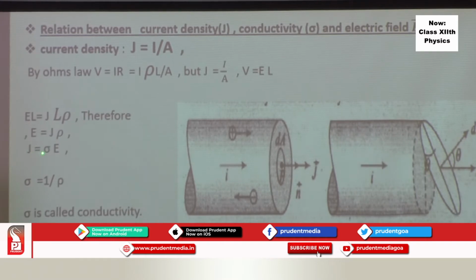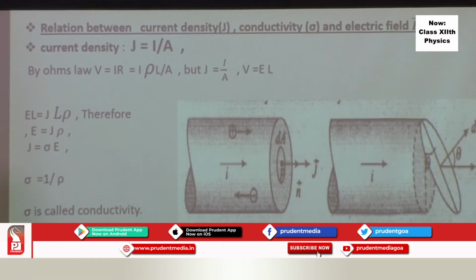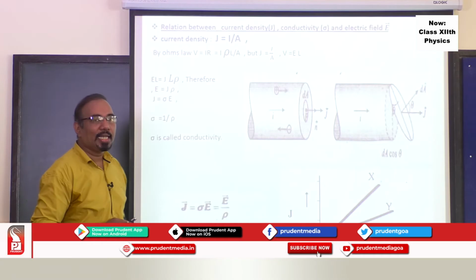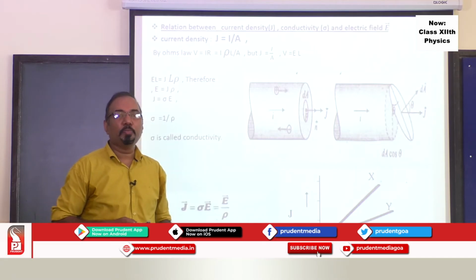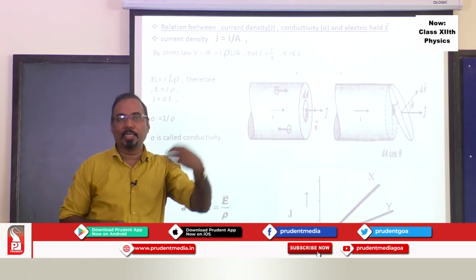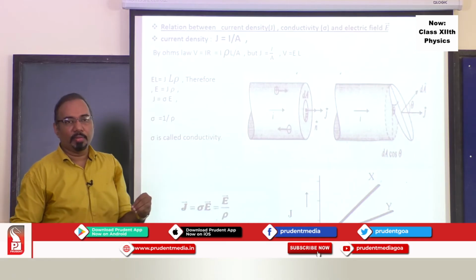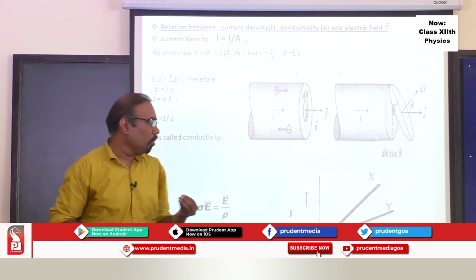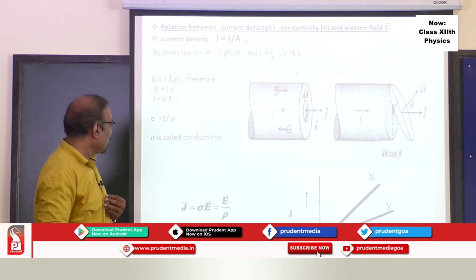So current density J will be equal to sigma into E, and sigma is called conductivity, which is the reciprocal of resistivity. If conductivity is high, resistivity is low. If resistivity is high, conductivity is low. That's what you can understand here.